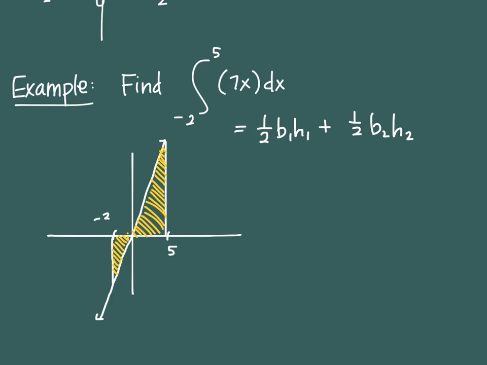My first triangle is 1/2, the base value is 2, and what is the height of that triangle beneath the x-axis following the function of 7x? -14. The second triangle, its base is 5, and its height following that function is 35.